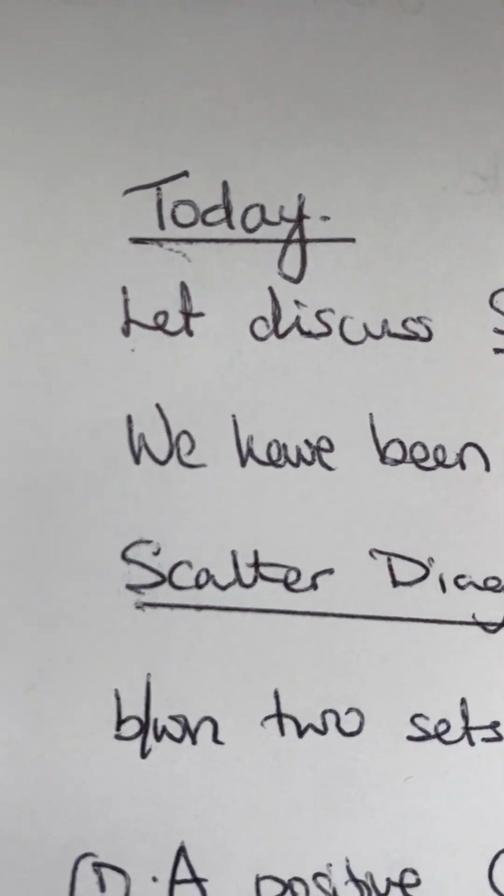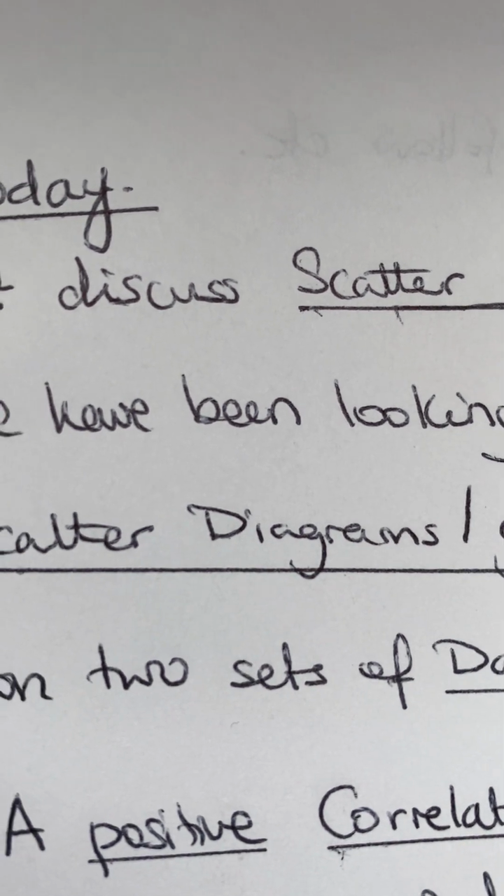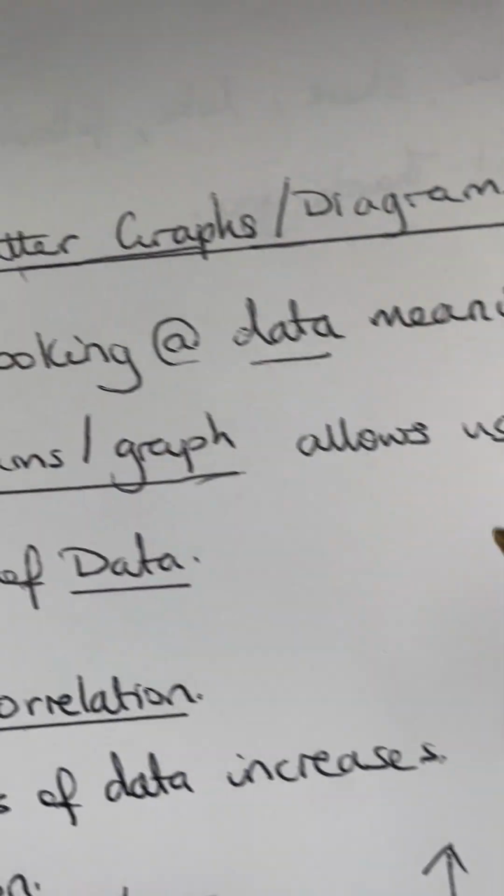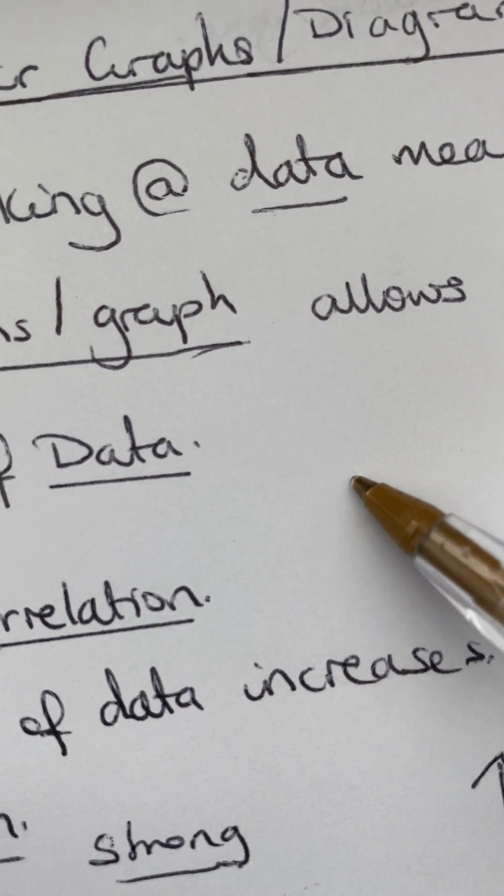With scatter diagrams, it allows us to see if there is a relationship between two sets of data.